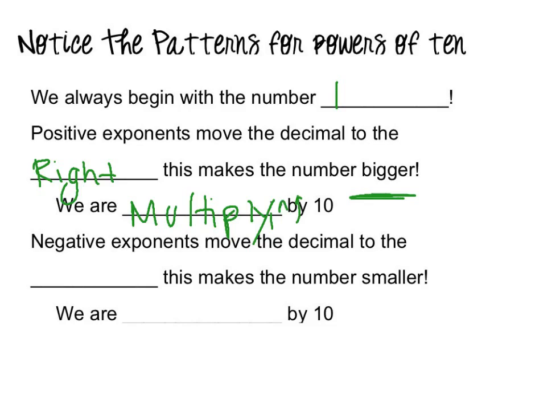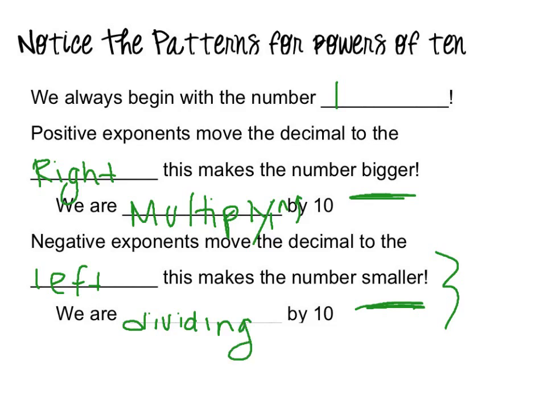The negative exponents, we move the decimal to the left to make the number smaller. Notice it does not say to make a number negative. I want you to really, really remember that negative exponent does not mean negative number. And we are simply dividing by 10 here.